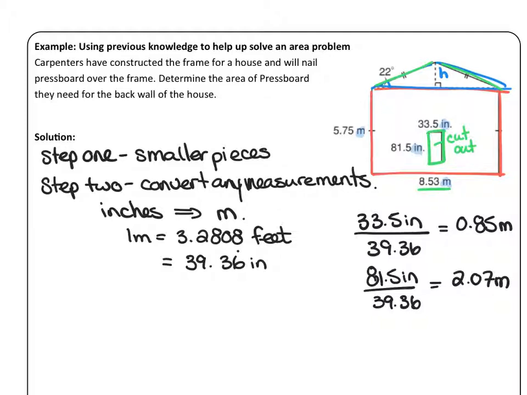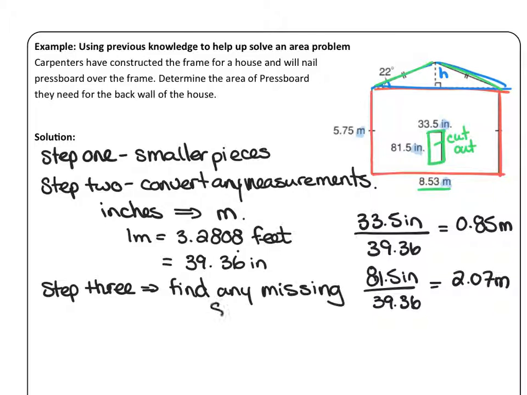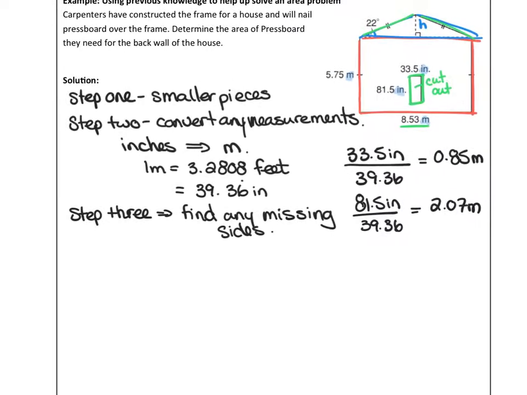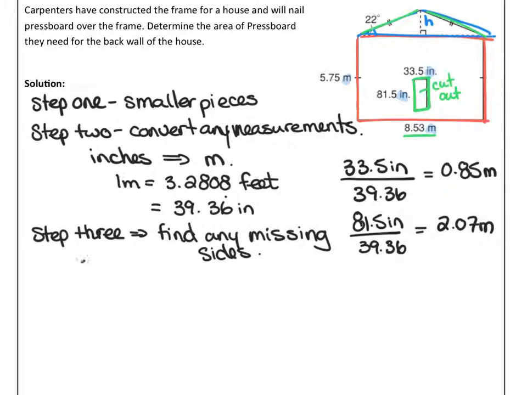The other thing I'm going to do is find my missing sides. Find any missing sides. So we have a missing side here, and we're going to use that triangle.